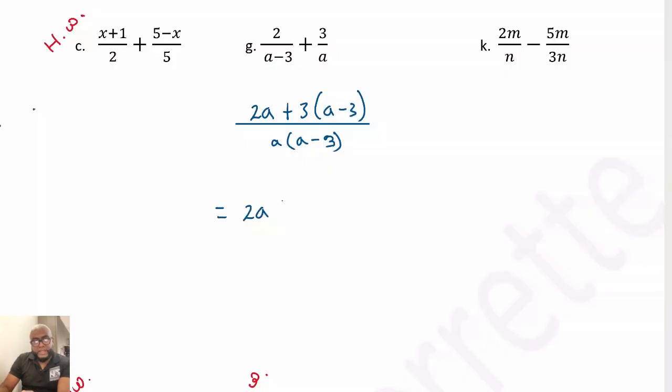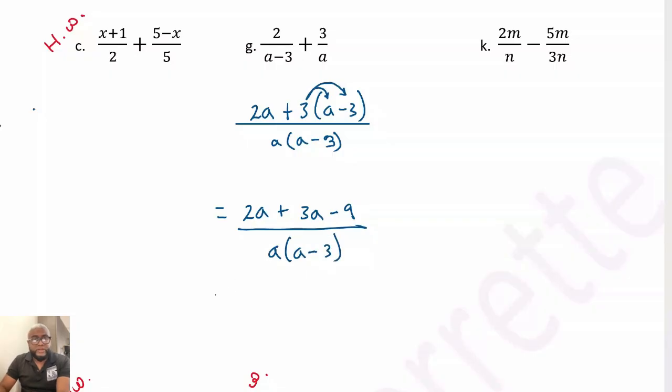So this will be 2A plus 3 multiplied by both A and negative 3. So this will be 3A minus 9 all over A by A minus 3. What are the only things I can add above here? 5A minus 9 over A by A minus 3.